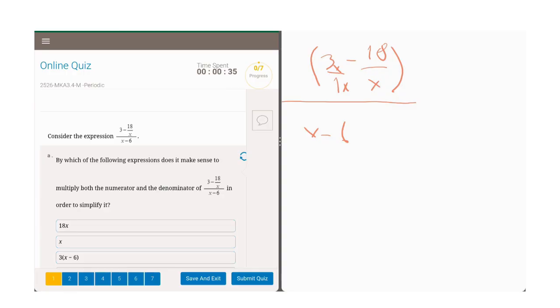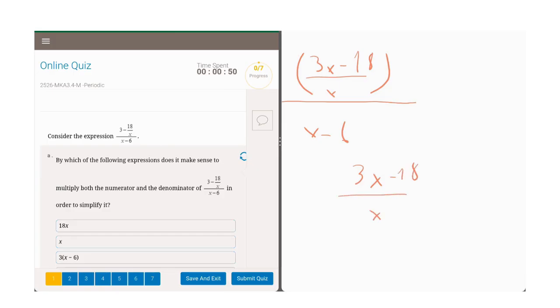So you can rewrite this as 3x minus 18 over x. So now we can write it as 3x minus 18 over x divided by x minus 6 over 1.